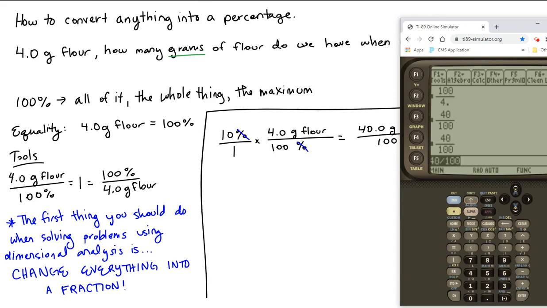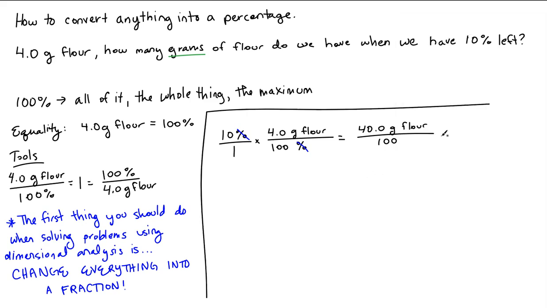And it tells me that we have 0.4 grams. So that should equal 0.4 grams of flour. And that should be our answer right there. 0.4 grams of flour. Thank you, conversion factors. You make our lives so much easier.